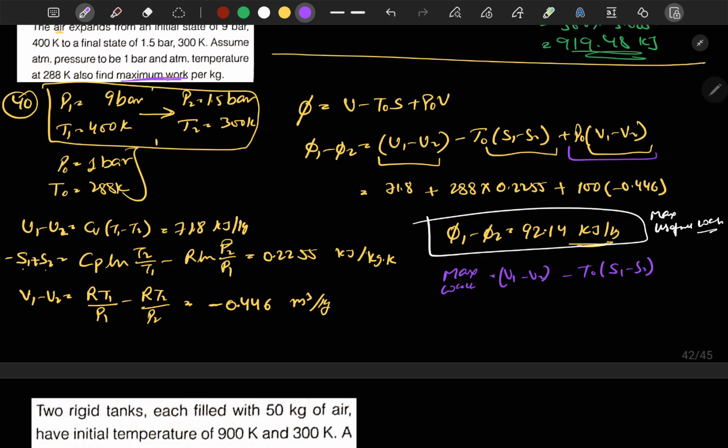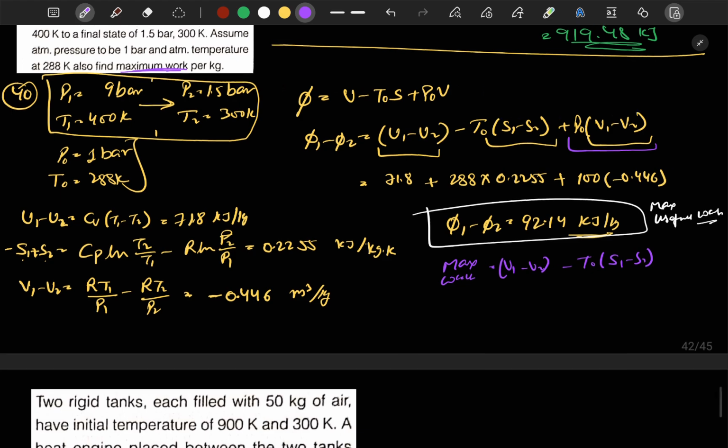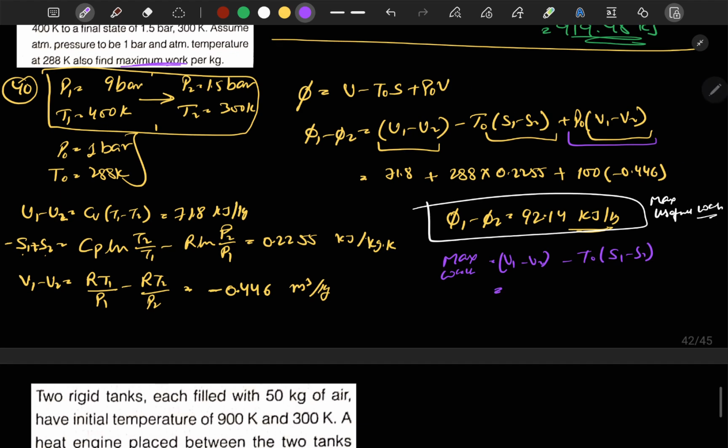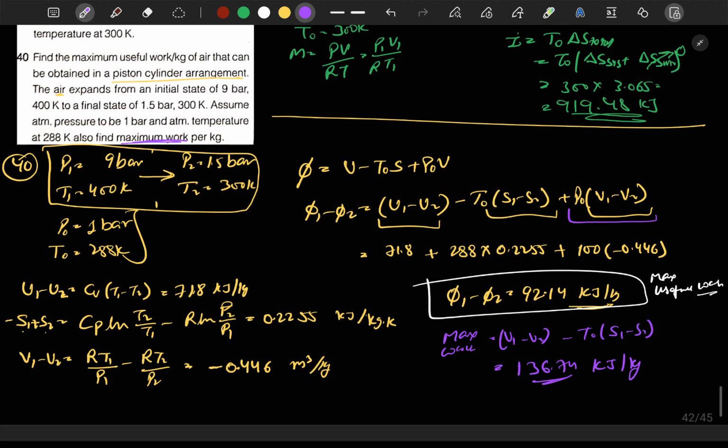For useful work we subtract the term p naught into v2 minus v1. So if we add 44.6 to the existing answer, we get 136.74 kilojoule per kg. You should keep this in mind: this term is maximum work, and this phi is used to define maximum useful work.